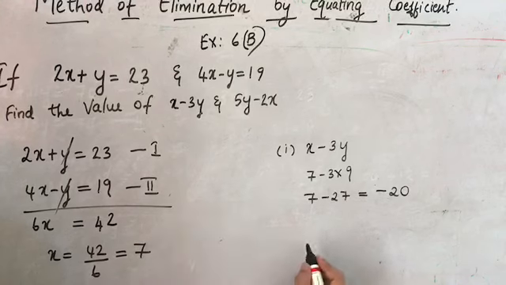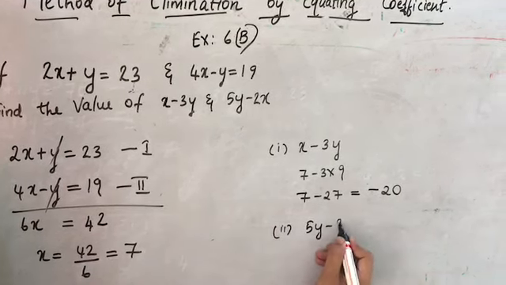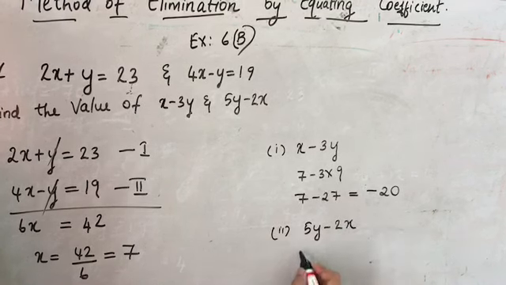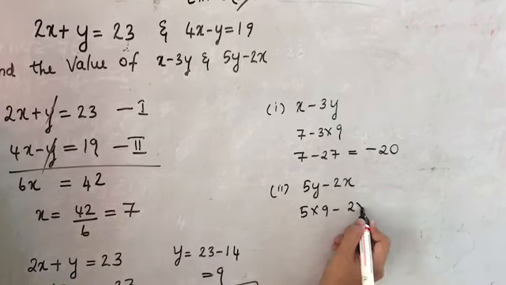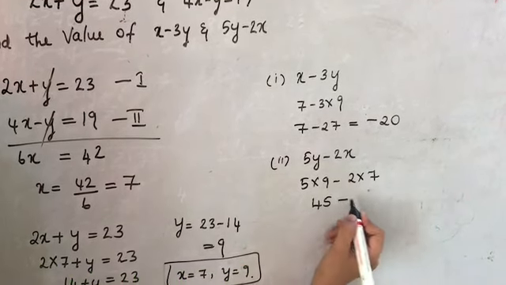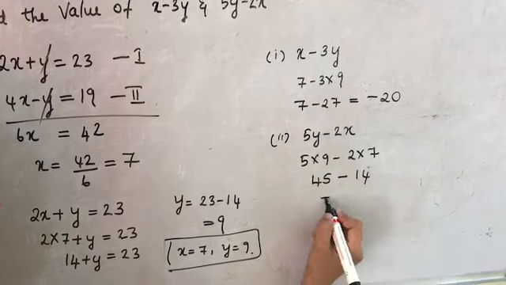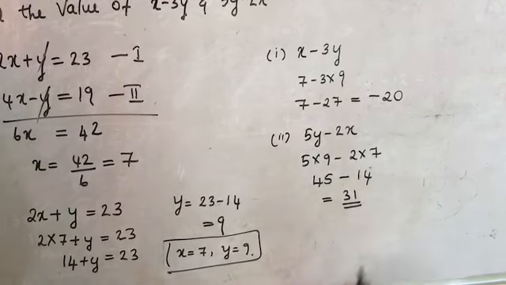Okay. Second one is 5y minus 2x. 5y, that is 5 into 9 minus 2 into 7. 5 9s are 45 and minus 14 equals 31.